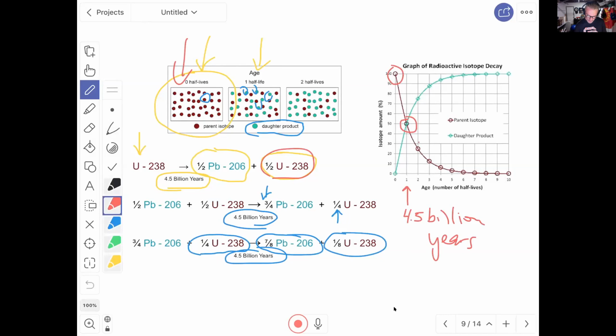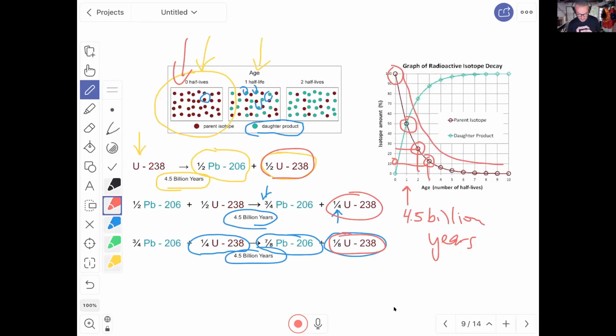Now in another half-life, you've got 25% left. 25% would be a quarter. And in another 4.5 billion years, you have only 12.5%. And what is that? Well, that's 1/8. 1/8 is left.